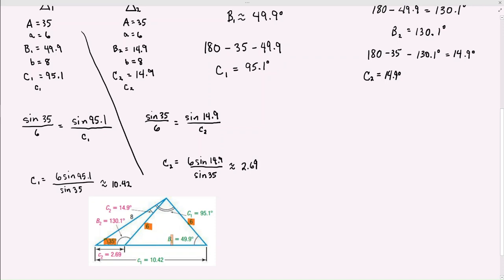So if my angle for B1 was 49.9 and my fixed length is 8 in this case, and the other possibility is that my angle for B2 could be down here, and then we've got the fixed 8 across from that as well. So both the 130.1 degree angle and the 49.9 work for B. And then of course the corresponding C's with each situation. All right.